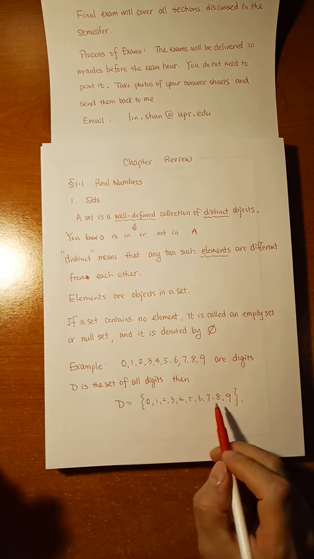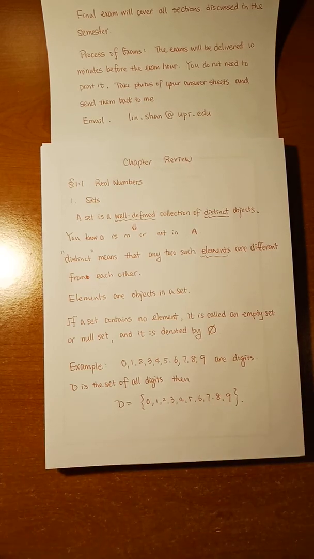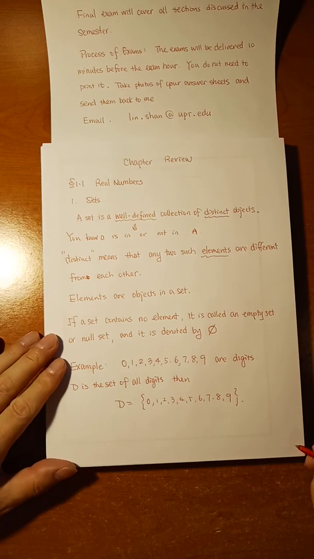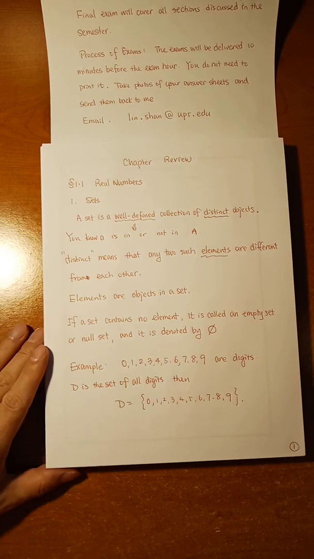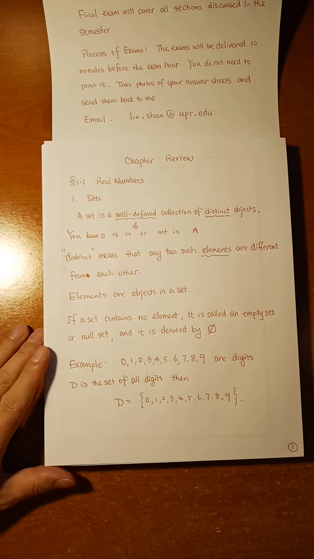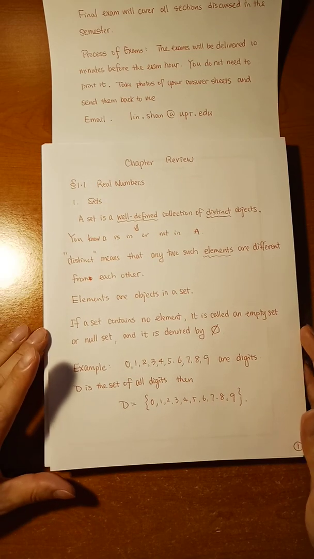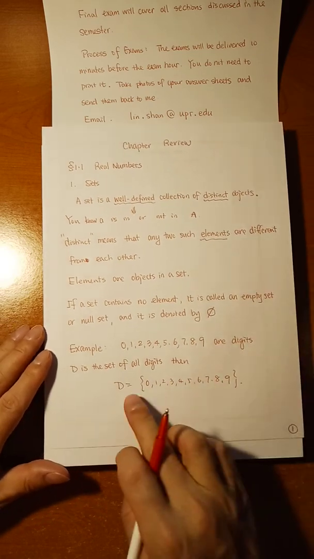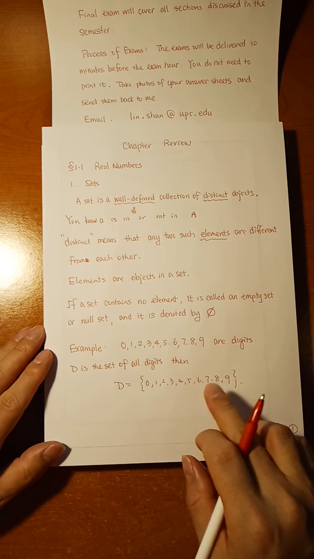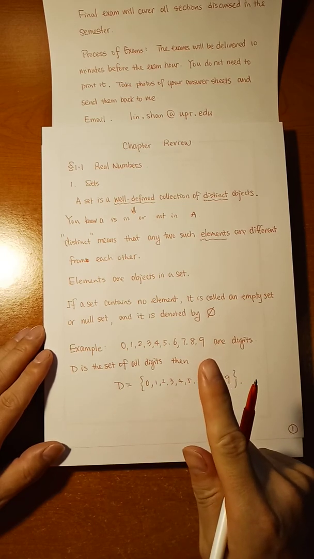Okay, so you see here, you list all of them, but you do not repeat. Remember, you do not repeat elements. So this is an example of a set. And each digit is called an element.